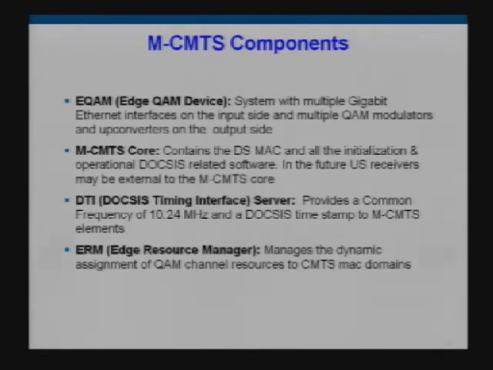But it could be more efficient if there is a centralized manager which is available to keep track of the QAM channel resources and all the characteristics of the QAM channel resources, and there is a reservation and release mechanism available for the CMTS core to request additional channel resources on an as-needed basis and release the resources, so that the same resource pool can be shared more efficiently as opposed to doing the static configuration.